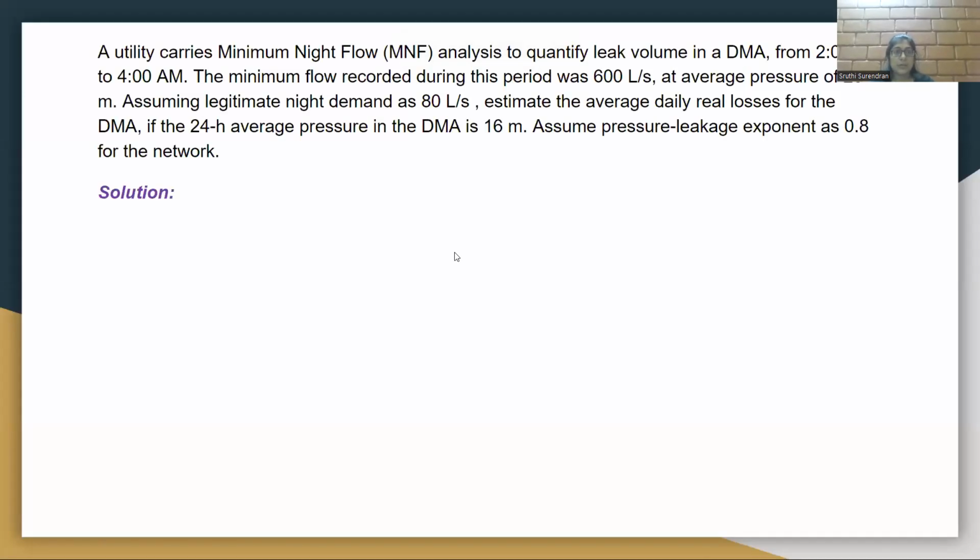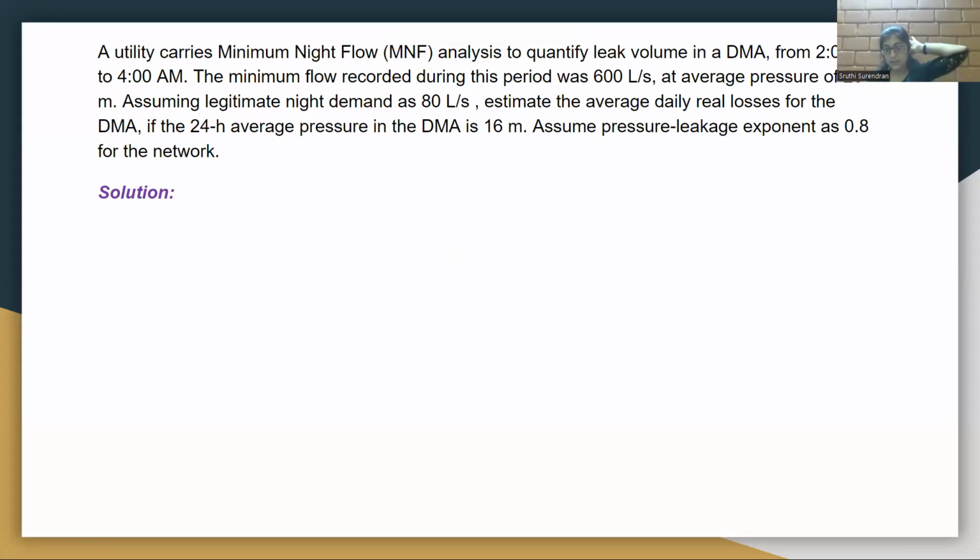A utility is carrying out a minimum night flow analysis to quantify the leak volume, and the minimum night flow, MNF, value is 60 liters per second, and the legitimate night flow is 80 liters per second. You've been asked to find out the real loss. I just explained this one, maybe Sangamitra, you can try it.